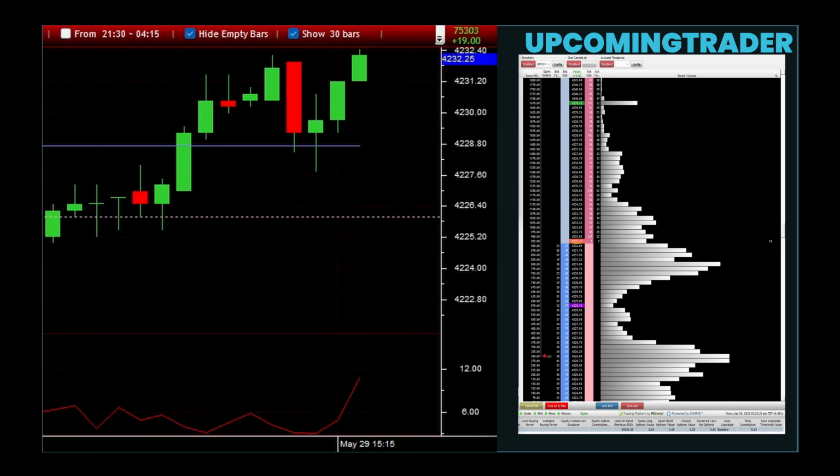Pennants are continuation patterns formed after a strong price movement, followed by a short consolidation period before the trend continues. They look similar to small symmetrical triangles, but typically occur after a significant up or down move. Pennants represent a moment where the market takes a breath before continuing in the same direction.